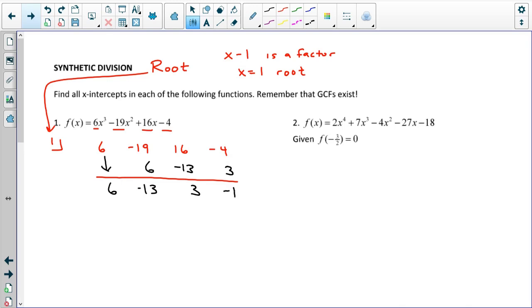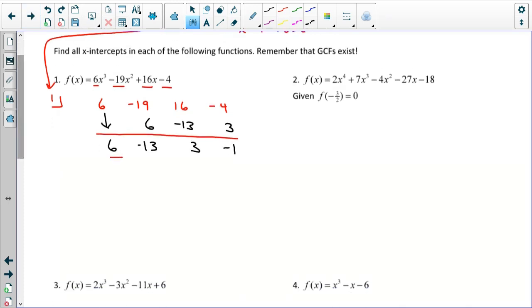So I end up with this 6, negative 13, 3, and negative 1. I'll explain what everything looks like. If I wrote this as a long division problem, 6x squared minus 13x plus 3 would be up here, and then I'd have all this stuff, and then the last number would be negative 1.